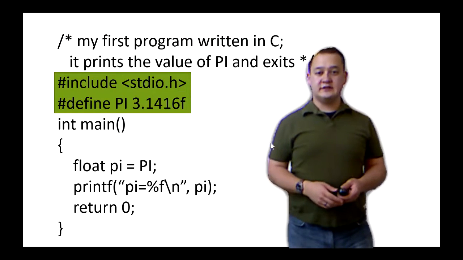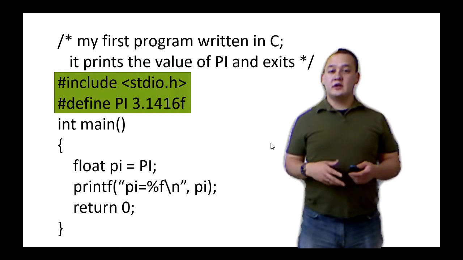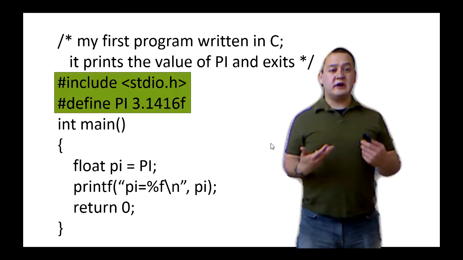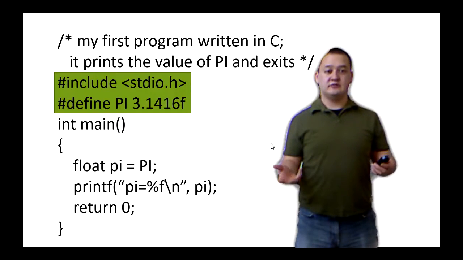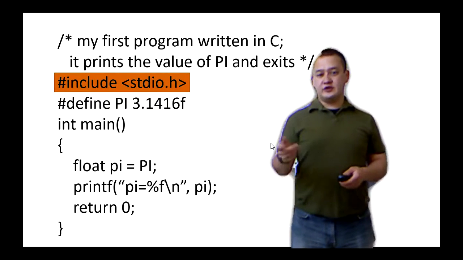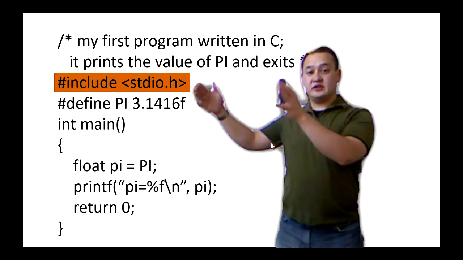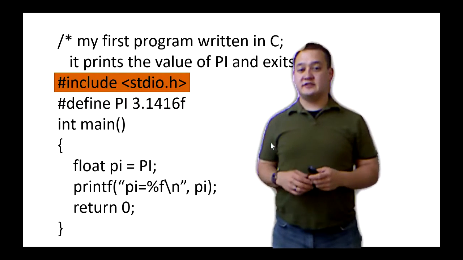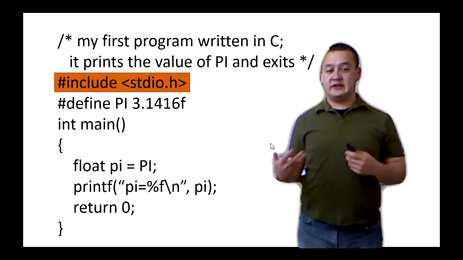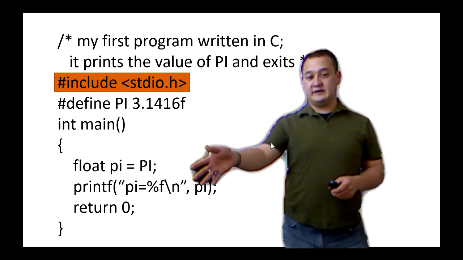The next set of commands here that start with this pound symbol are called preprocessor directives, and these tell the preprocessor to do certain actions with the code. This first preprocessor directive, pound include, says I want you to include another file into my program. In this case, there's this standard input-output library called stdio.h, which defines functions like printf down here.